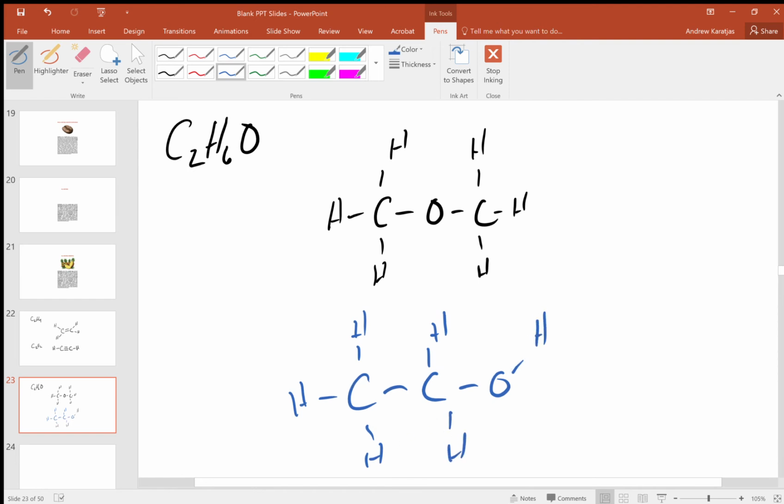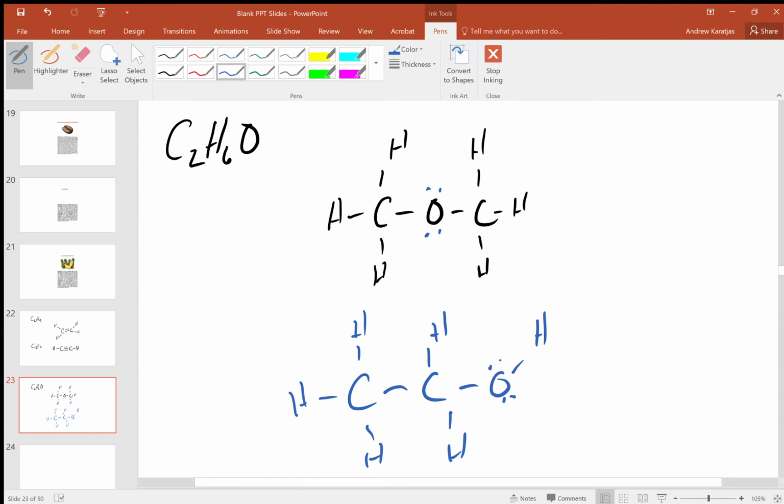Now some of you may have also come up with this one. Is one right and the other one wrong? Well, if we look very carefully at these structures, they both have 2 carbons, they both have 6 hydrogens, and they both have an oxygen.